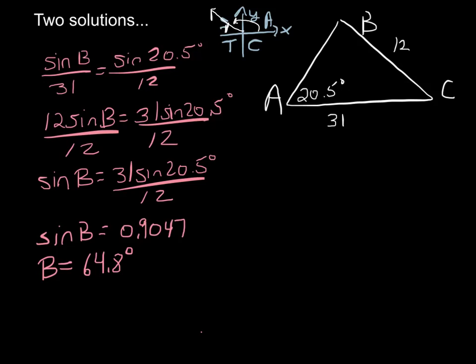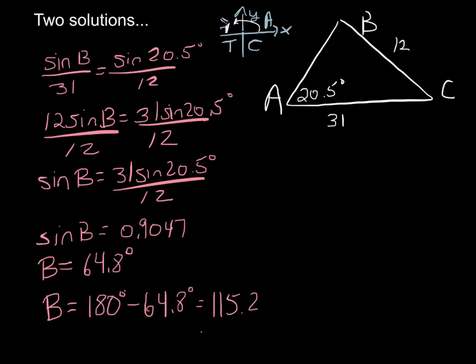So there's another possibility for B, and that would be 180 minus 64.8, and that gives us 115.2 degrees. Now we can't within the same problem say that B is equal to 64.8 and also equal to 115.2 degrees. So I'm going to add a little subscript, and I'm going to say that B2 is equal to 115.2.